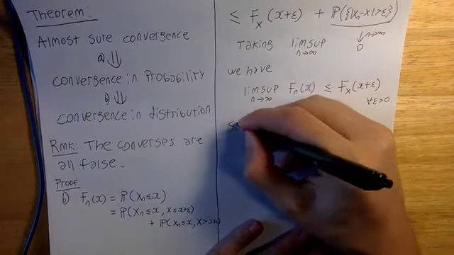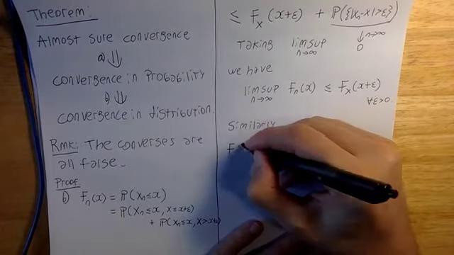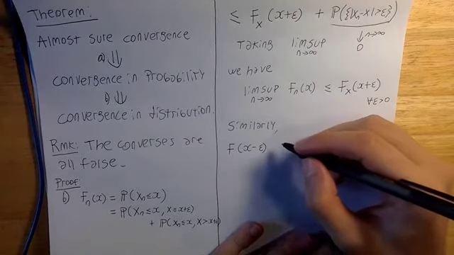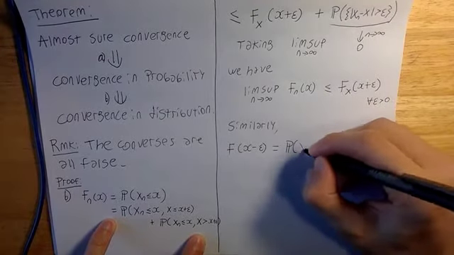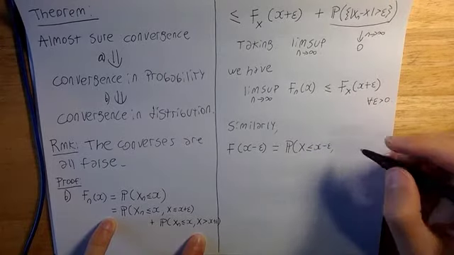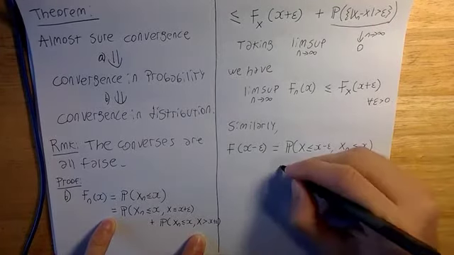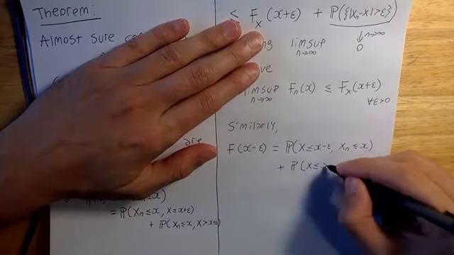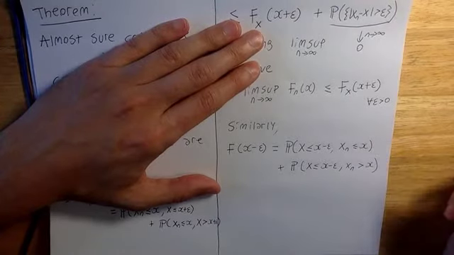Similarly, we can start with F of x minus epsilon, and if we do the same decomposition as before, it is equal to the probability that X is less or equal than x minus epsilon and Xn is less or equal than x, plus the probability that X is less or equal than x minus epsilon and Xn is bigger than x.